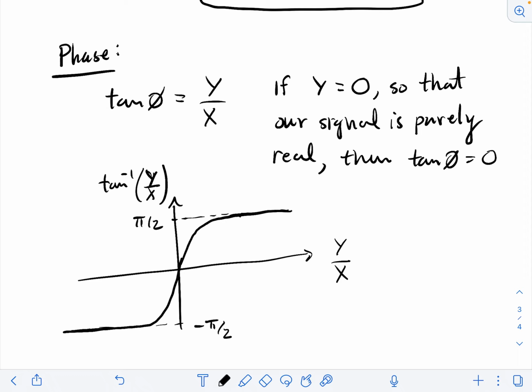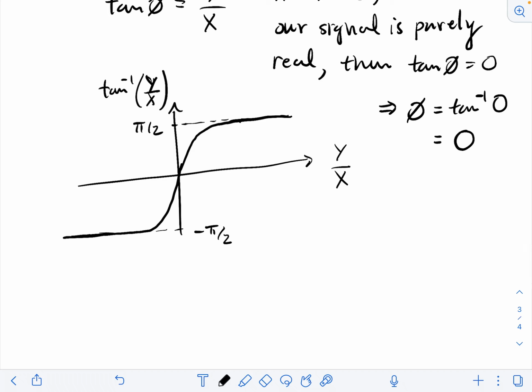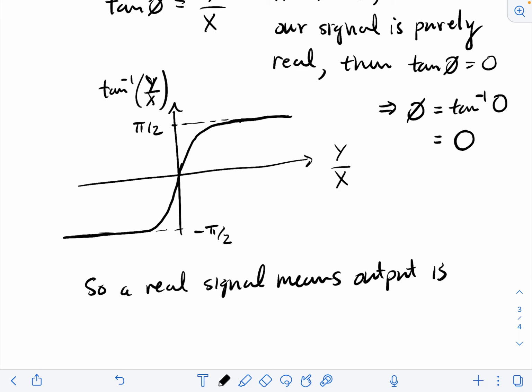So if y is equal to 0, then tan phi is equal to 0, such that phi is equal to the inverse tan of 0, which is equal to 0. So a purely real signal means that there's no phase shift of your output relative to the input. So a real signal means that the output is in phase with the input.